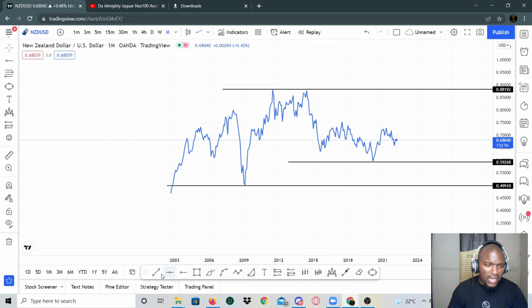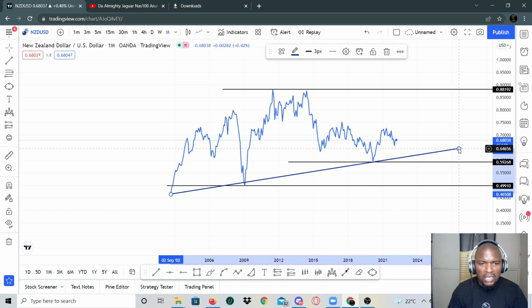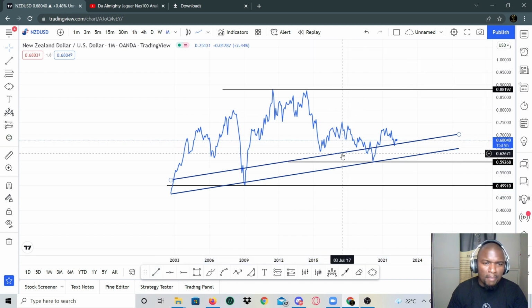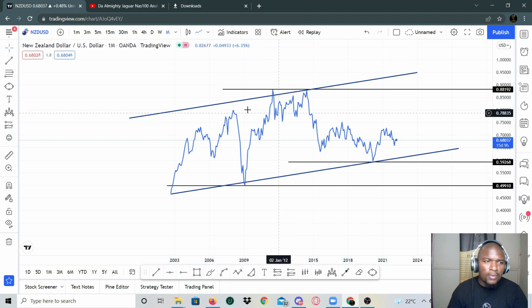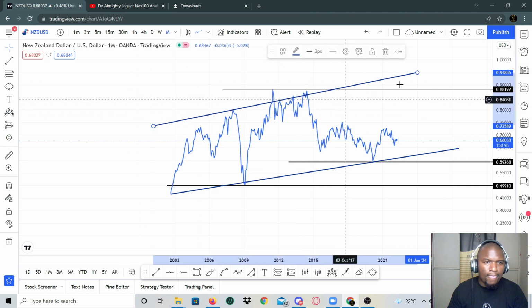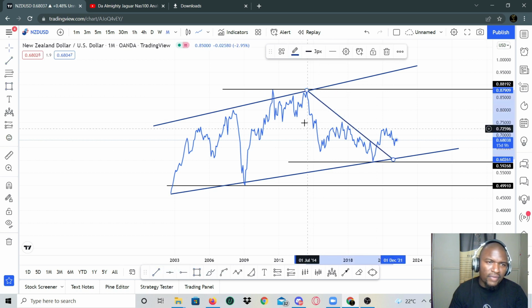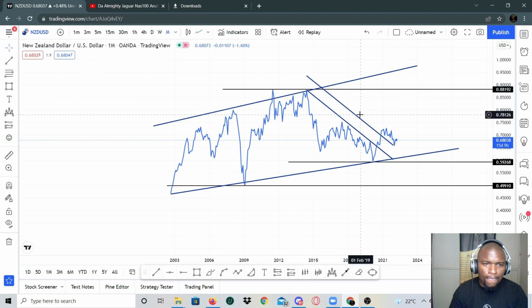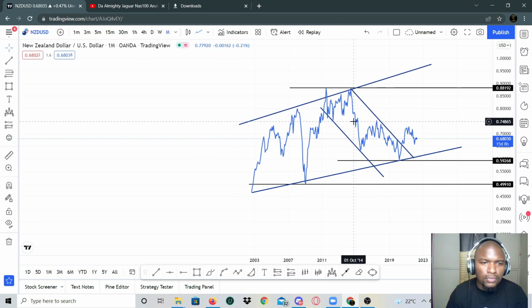So from these levels, you are able to check and see that NZD/USD is looking bullish right here. We have a bullish channel from the monthly time frame. From the monthly time frame, we mark our lower lows.